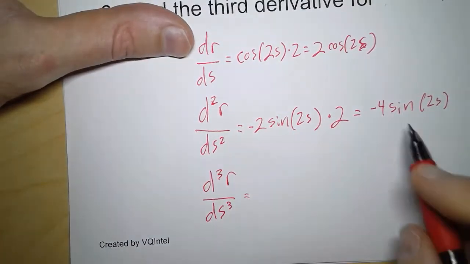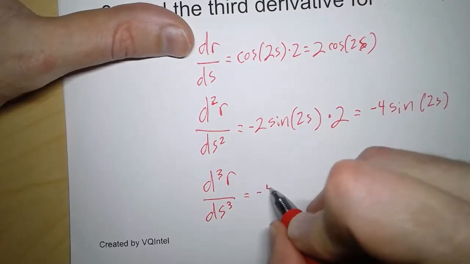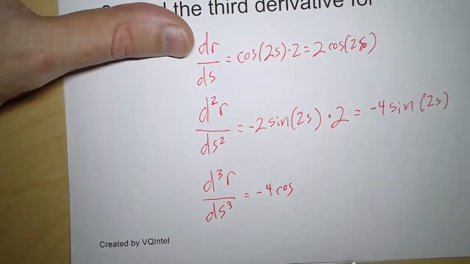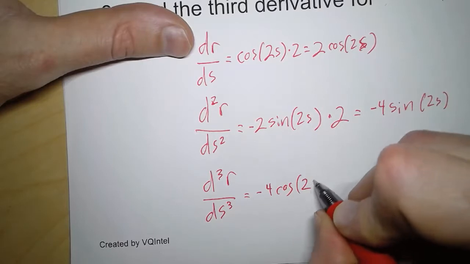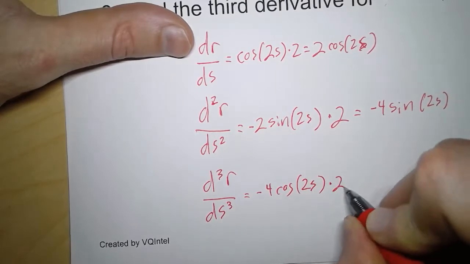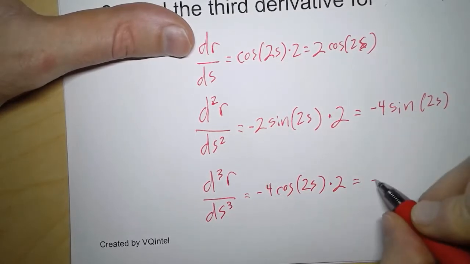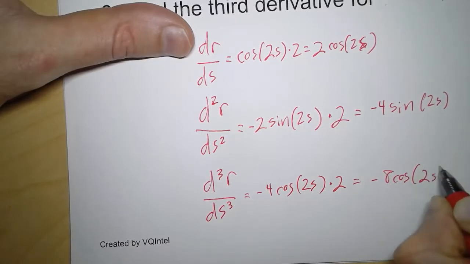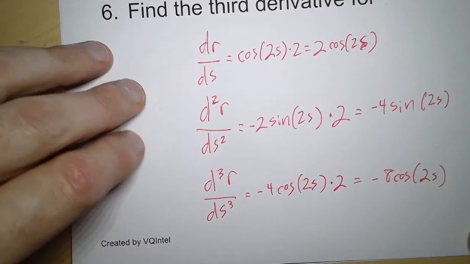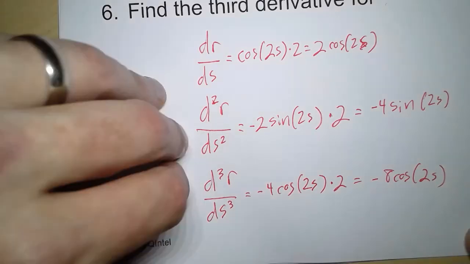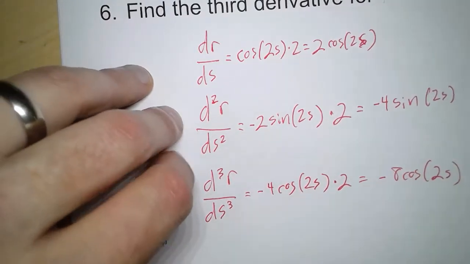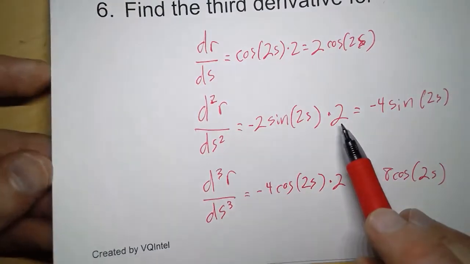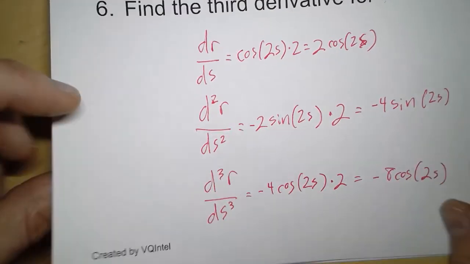And so we take this, and it's going to be negative 4 cosine, that's the derivative of sine, of 2s times 2, and so our third derivative is negative 8 cosine of 2s. Fortunately, chain rule was rather easy because every time we took the derivative, an extra 2 came outside. All right.